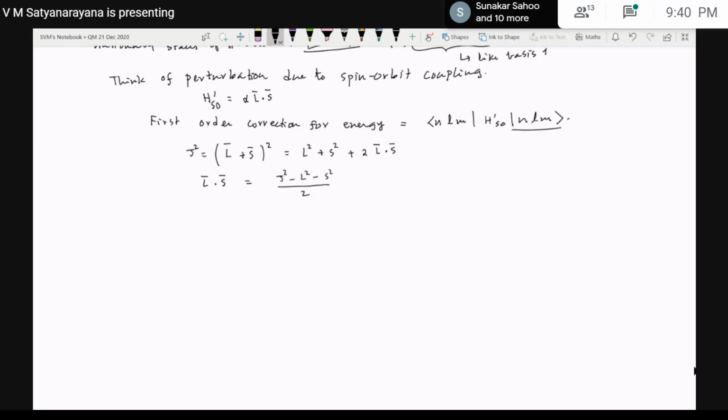If you can write that, then you can construct a state that is an eigenstate of this L dot S operator, and then the first order correction to the energy can be easily calculated.